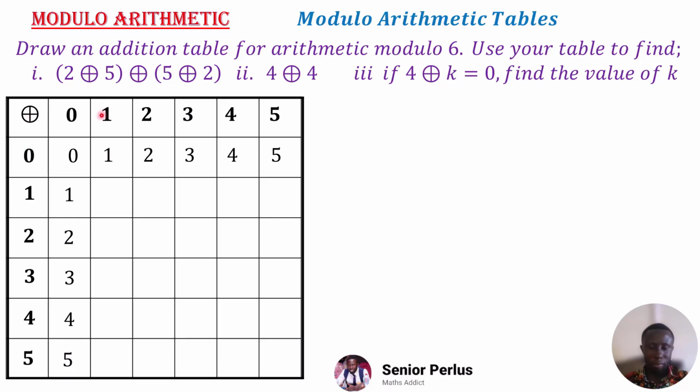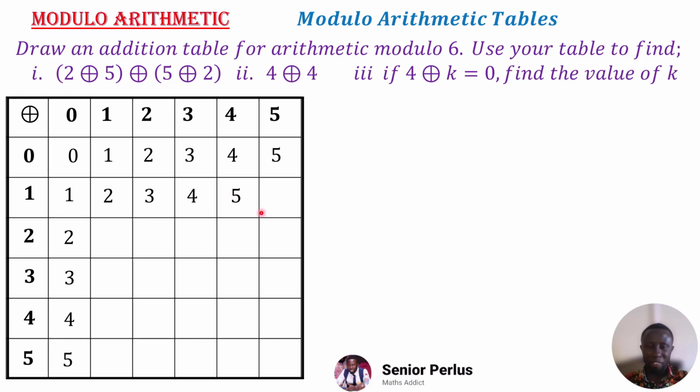1 plus 1 is 2, so 2 mod 6 is still 2. 1 plus 2 is 3, and 3 mod 6 is still 3. 1 plus 3 is 4, so 4 mod 6 is 4. 1 plus 4 is 5, 5 mod 6 is 5.